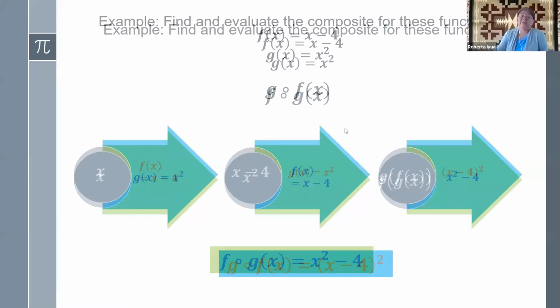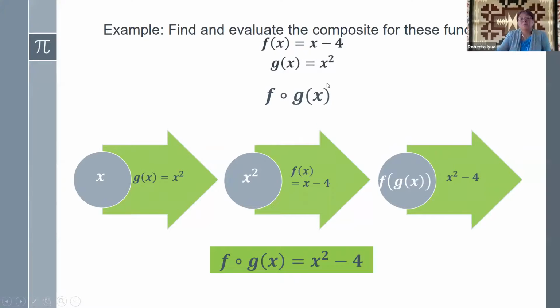The next few slides show that however you do your composite, you will not get the same answer. Here f of g of x is x squared minus 4.